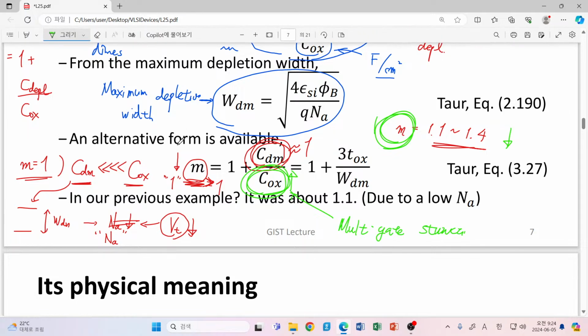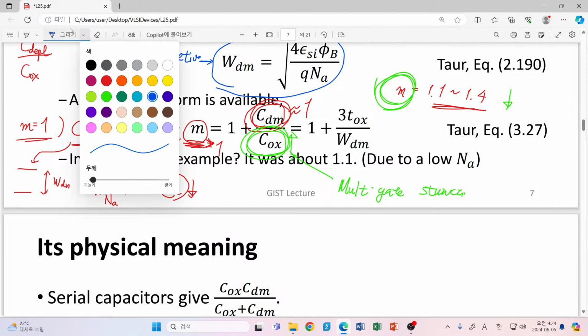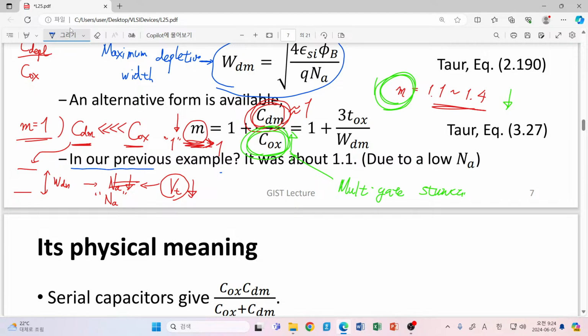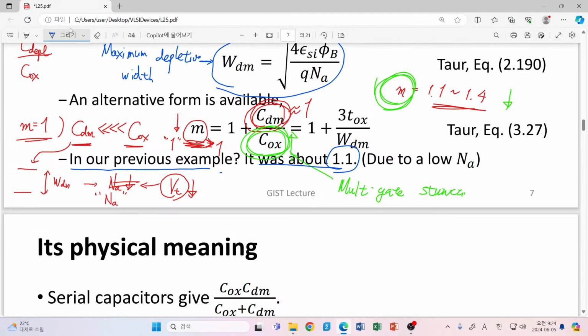Okay, so well, here I have one interesting thing. In our previous example, we have used quite a low NA density. It was just 10 to the 17 per cubic centimeter, and our M value was just about 1.1. So why did we have such a low value for our M value?